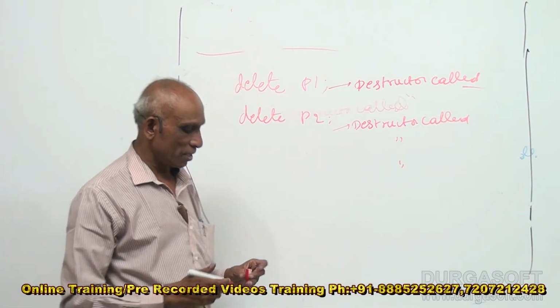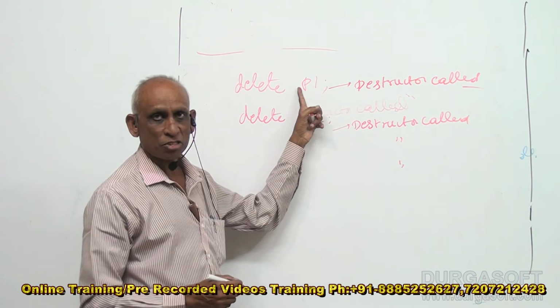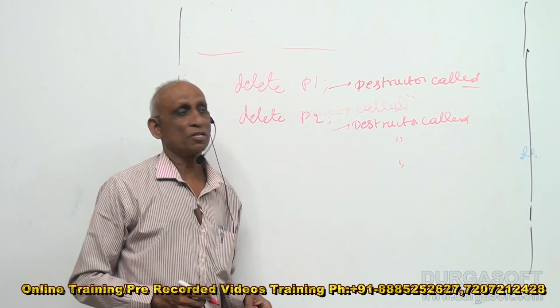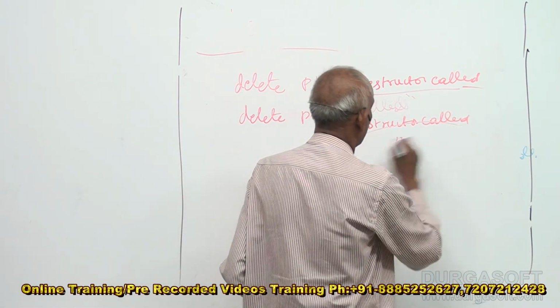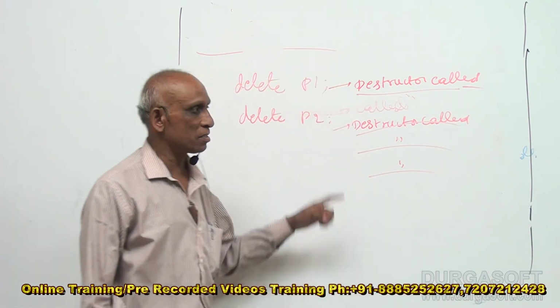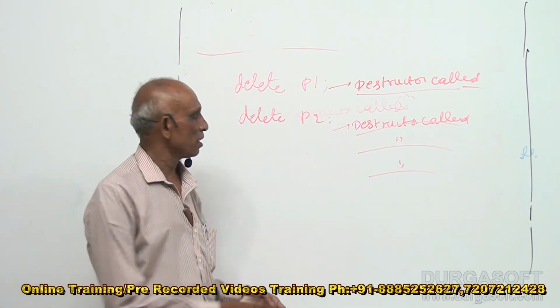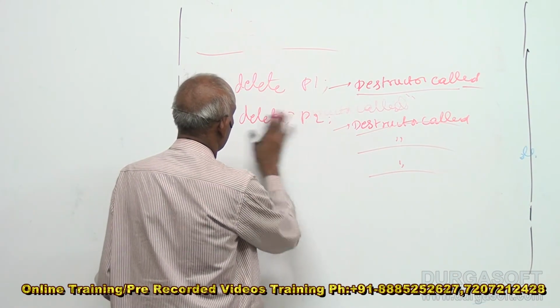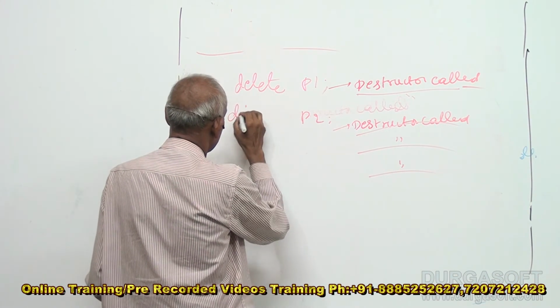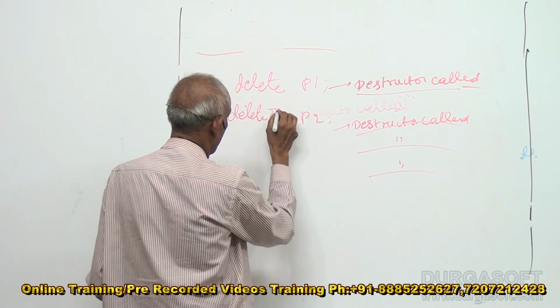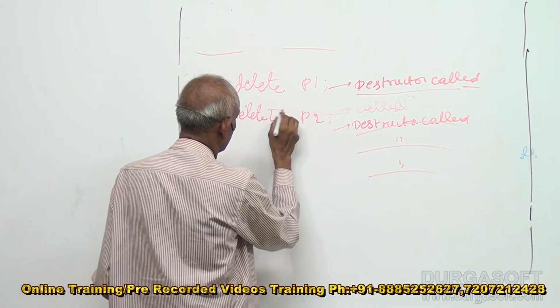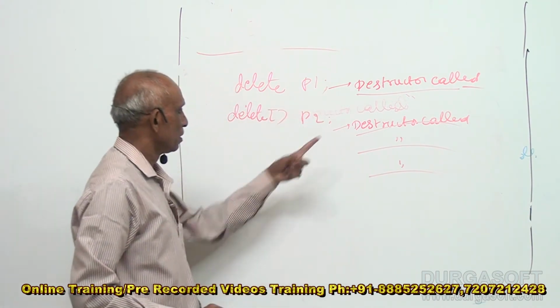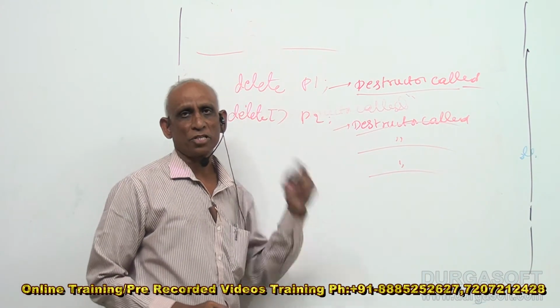So here you can clearly see, here 1 object is destroyed, here 3 objects are destroyed, using these destructor call messages. This is a proof that here you have to use delete array P2, then the array is destroyed.